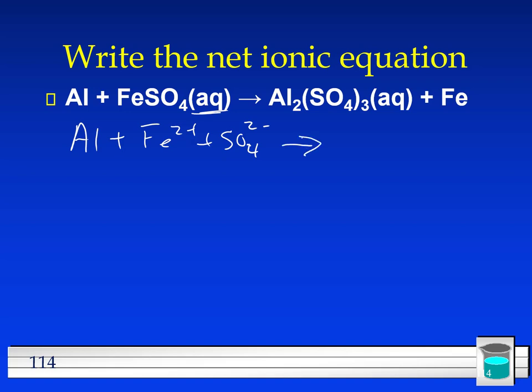Is there really aluminum sulfate? No, it's aqueous. It falls apart into ions. And the ions are Al 3 plus and SO4 2 minus. Is there really iron? Iron's a solid, right? It's not going to dissolve in water. Okay, so there's the complete ionic equation for this.